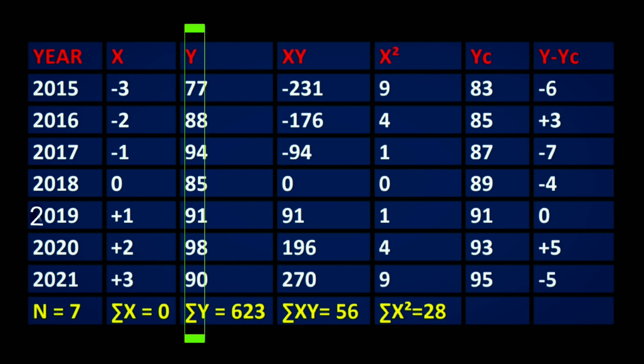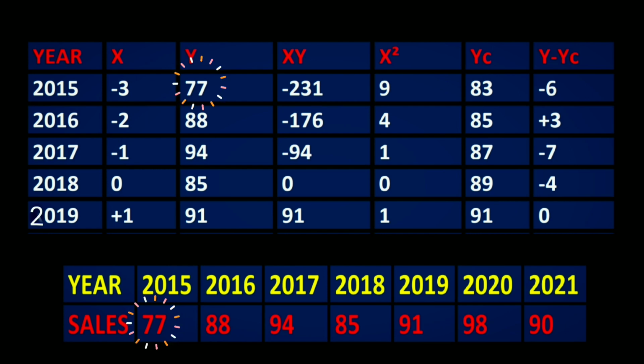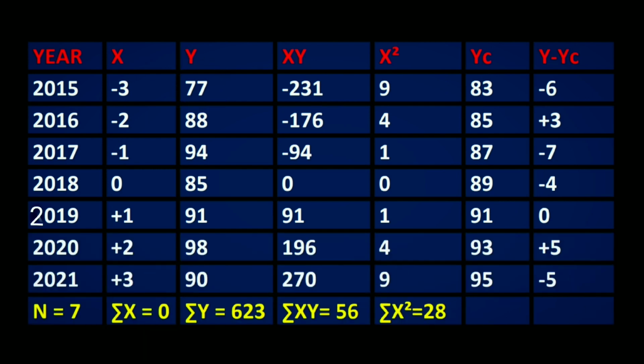The sales have been denoted here as capital letter Y. So for the year 2015, it is written as 77 because in the question the sale value is 77. Similarly, for the other years also the Y values are written accordingly. Now come to the fourth column. We have written in the fourth column xy, that is x into y.